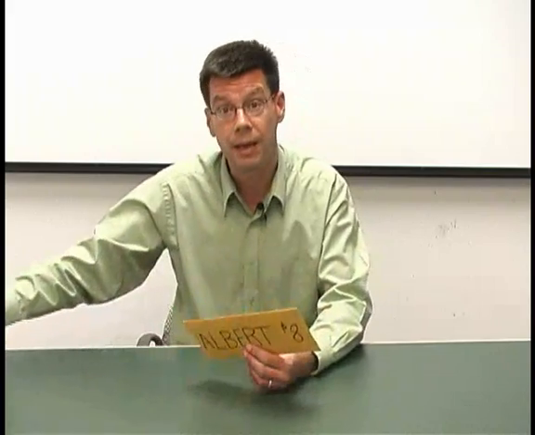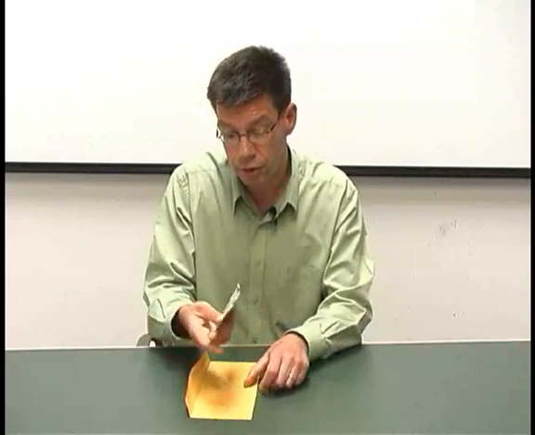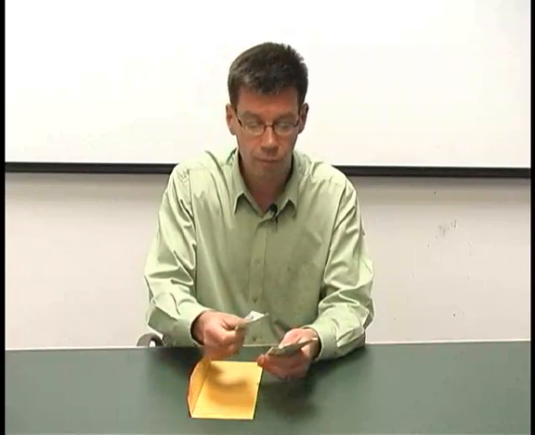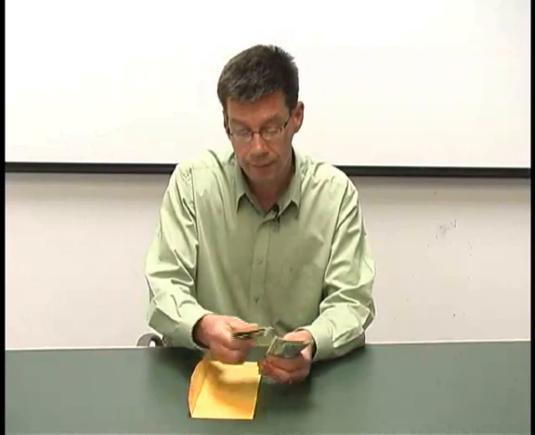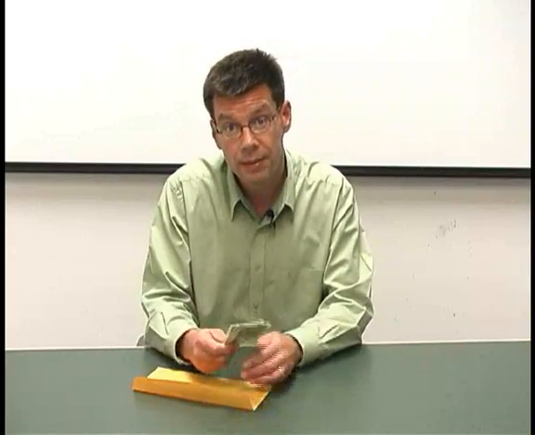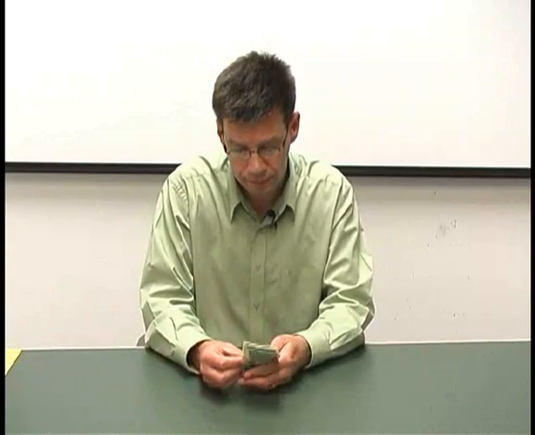First, we're going to look at Albert's allowance. Now inside, there should be $8. Let's check. 1, 2, 3, 4, 5, 6, 7, $8 is his weekly allowance. We want to separate this allowance into 8 equal parts.